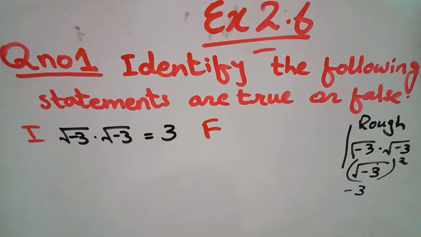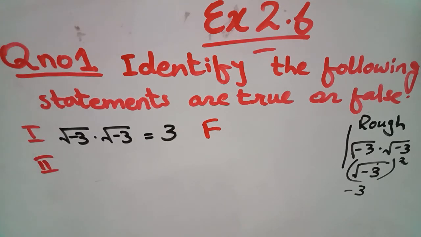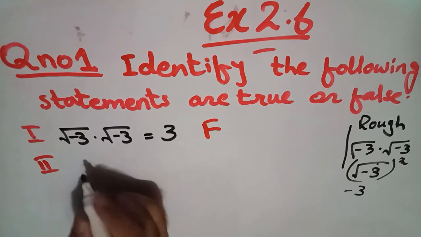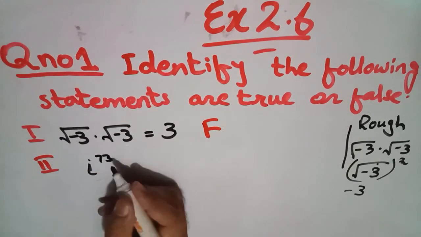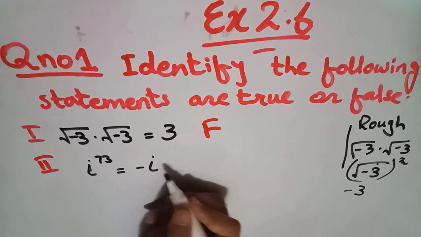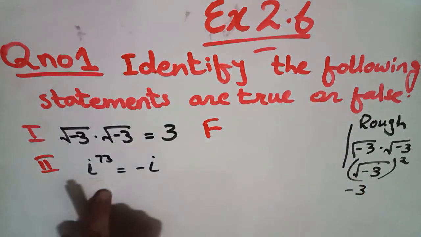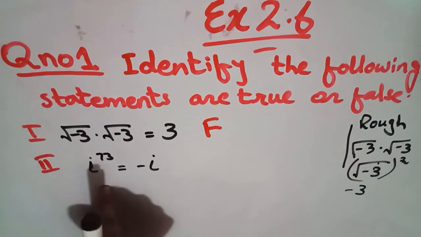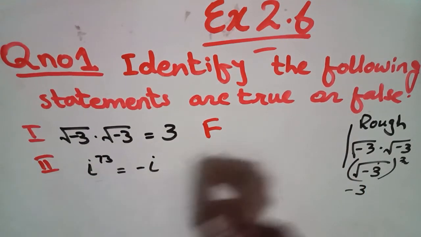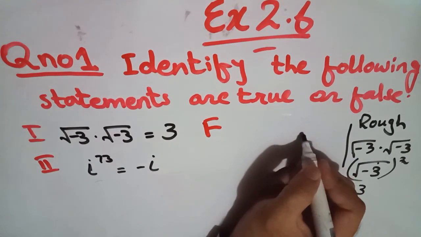This is a false statement. And in the next statement you will write iota's power 73 is equal to minus 1. So in the rough work I am solving iota's power 73. As in the previous exercise we have already solved how to reduce the power of iota.